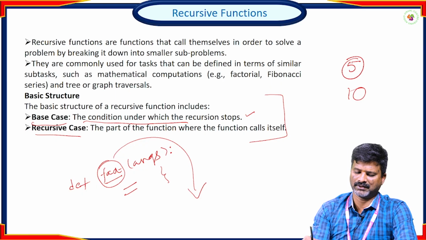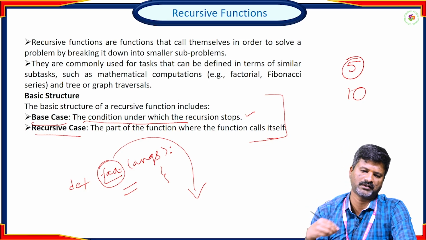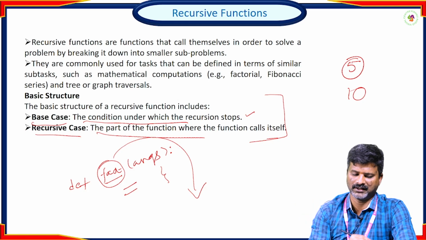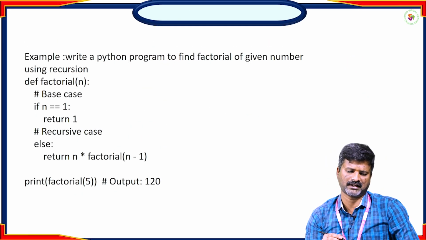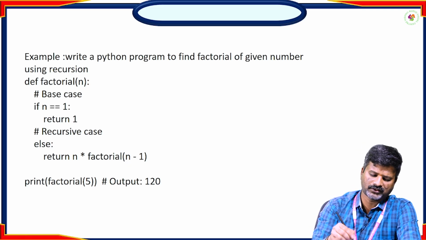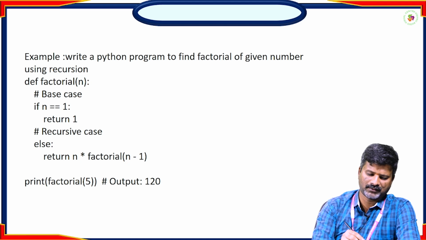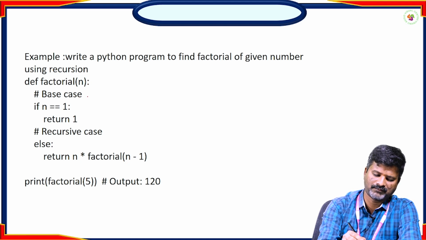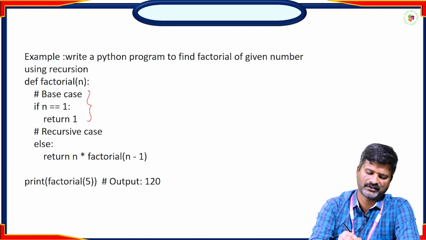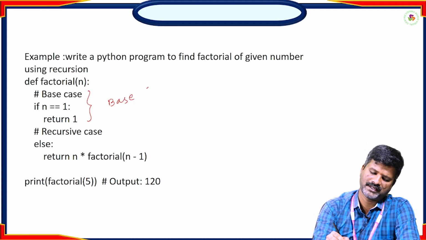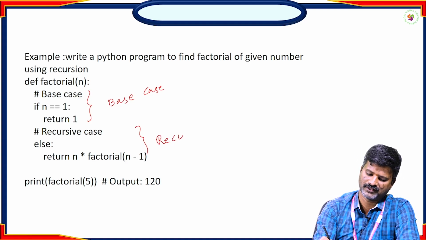The recursive case is the part of the function where the function calls itself, where you repeatedly call the same function. If you observe this example, it is the factorial of a given number. For every recursive application you first define the base case, and then the recursive case.